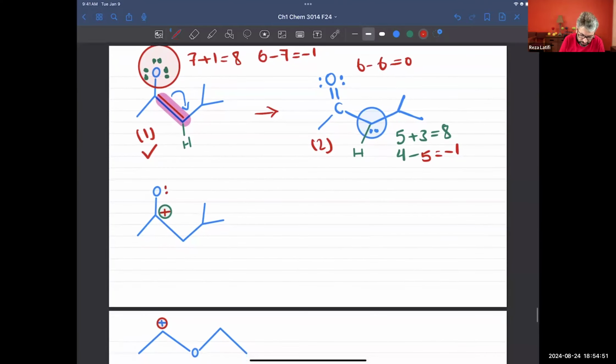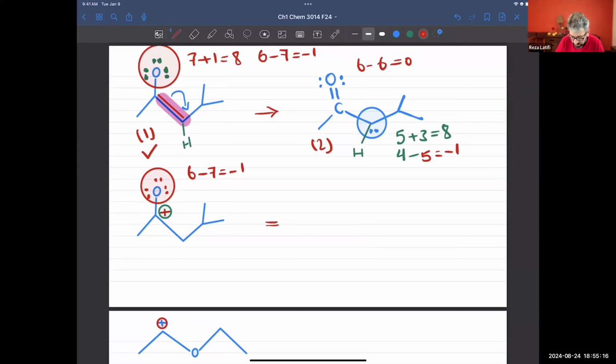Again, oxygen is supposed to be octet, so I'm going to put the 3 lone pairs on it. What's the formal charge for oxygen? Oxygen is in group 6. I see 7 electrons around it, -1. So oxygen has -1 and carbon has +1 charge. When I add them, it will be equal to 0.